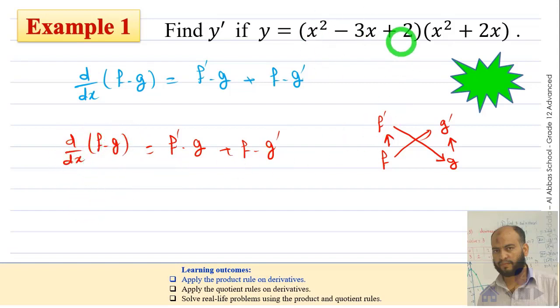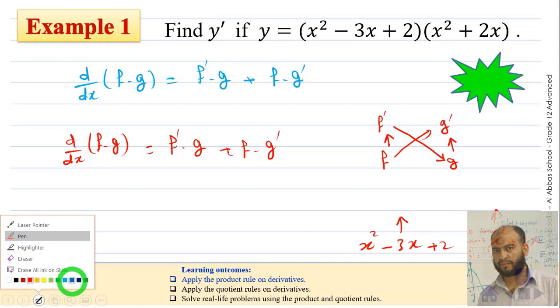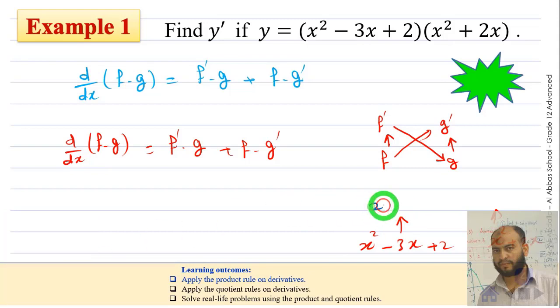You can use it here. The first function is x to the power 2 minus 3x plus 2. The second function is x to the power 2 plus 2x. Find the derivative of each function: 2x minus 3, and 2x plus 2.